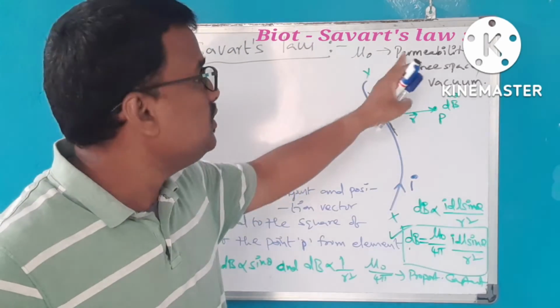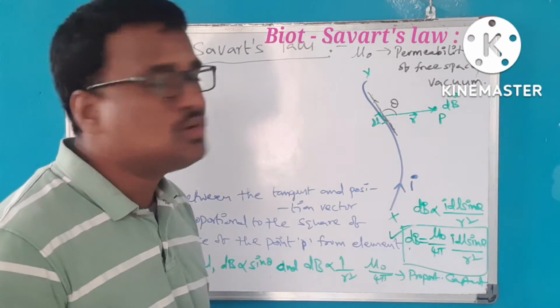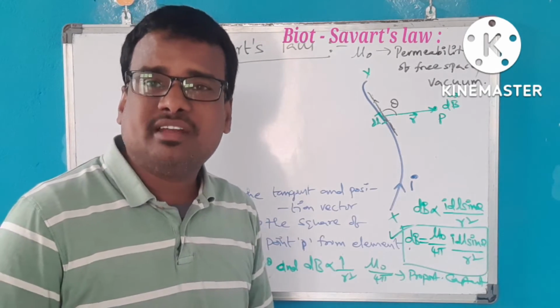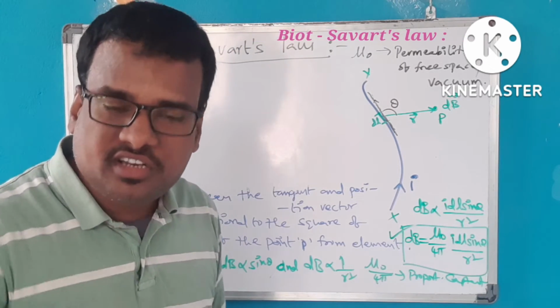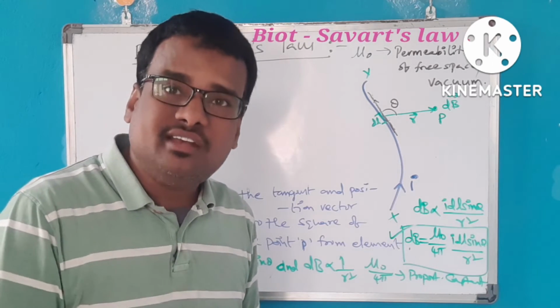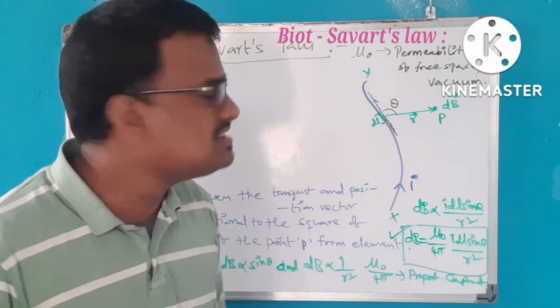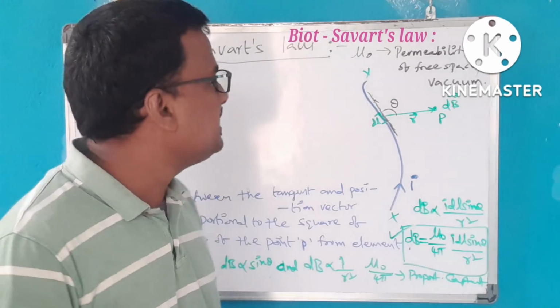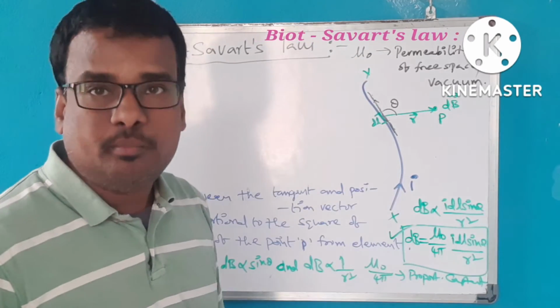Here mu naught is called the permeability of free space. Permeability means the ability of a medium to pass the magnetic field through it; that much ability value is called the permeability. We denote the permeability by the letter mu naught.